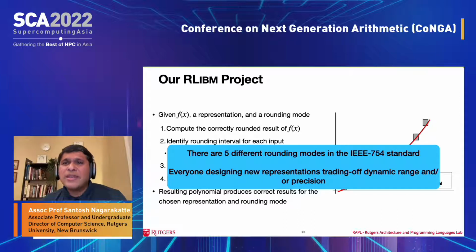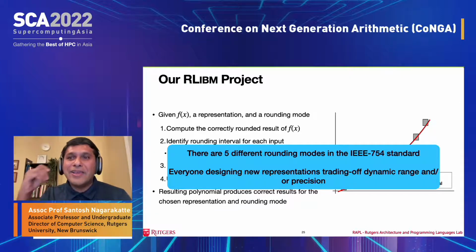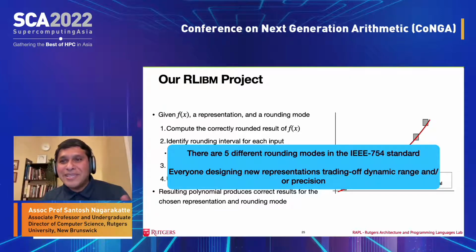We don't want to be generating a new math library for every representation and every rounding mode. From a library designer viewpoint, if you are the maintainer of libc, you don't want 20 different functions, because once the code is there, it's always there, and identifying what it does 20 years hence is going to be very difficult.